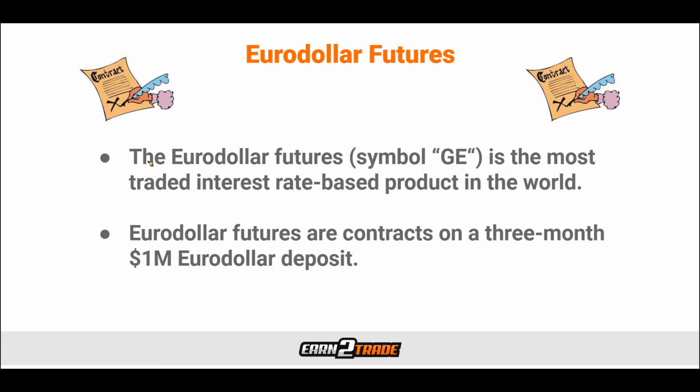Be aware that the ticker symbol is GE, because that's how as traders we're going to find it, and it is the most traded interest rate-based product in the entire world, and they are contracts on a 3-month 1 million Eurodollar deposit.